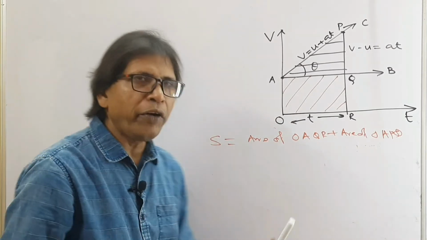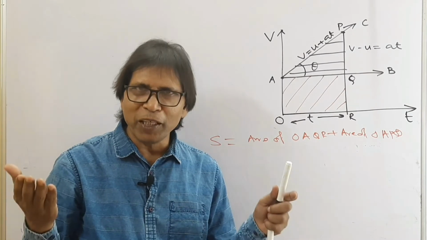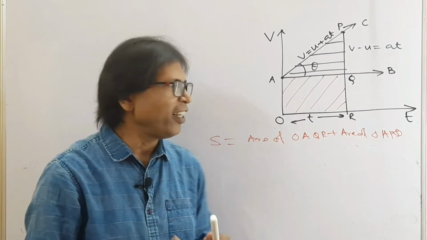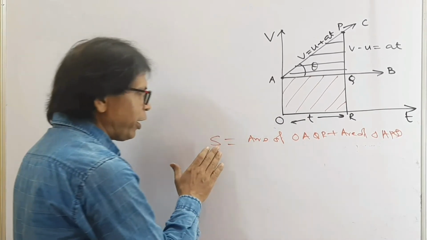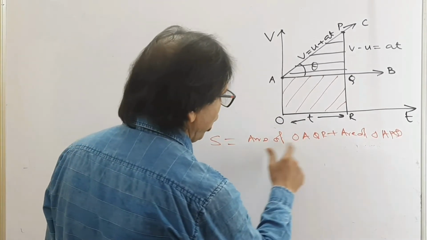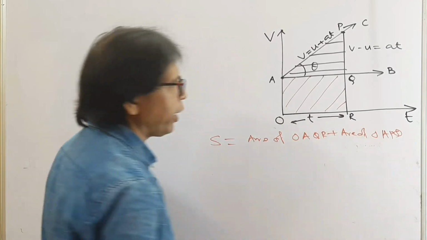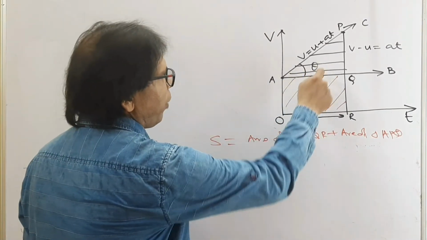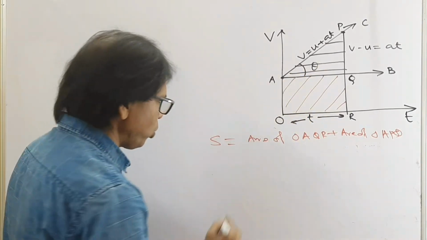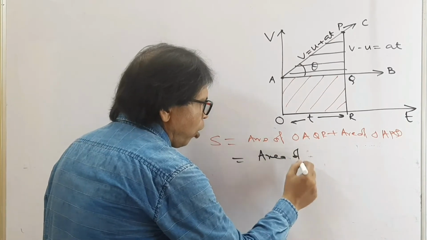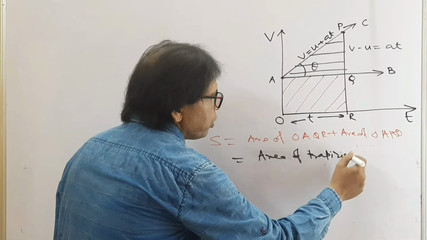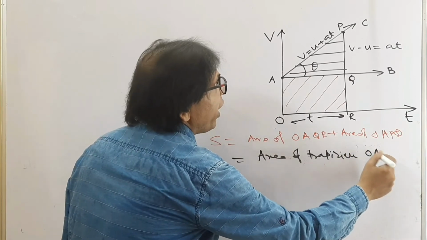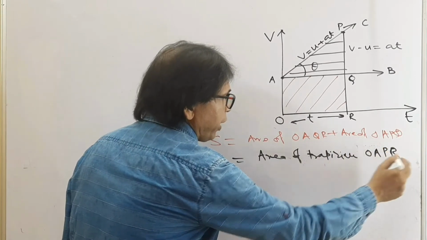Okay, now the next proof: v square equals u square plus 2as. We know the displacement s equals the area of the rectangle plus the area of the triangle. This sum is equal to the area of the trapezium OAPR.